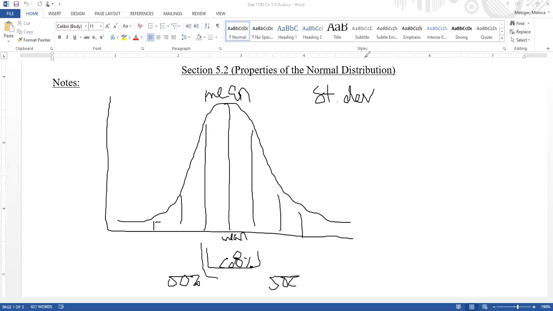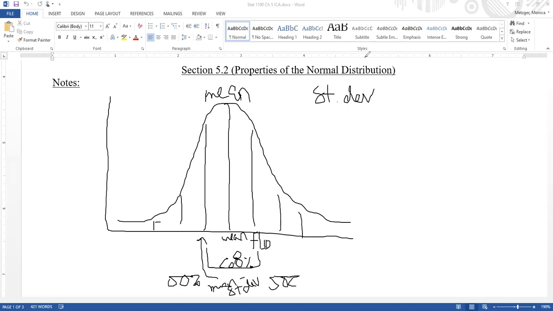One standard deviation to the left is the mean minus a standard deviation, and one to the right is the mean plus one standard deviation, or plus one SD for standard deviation.